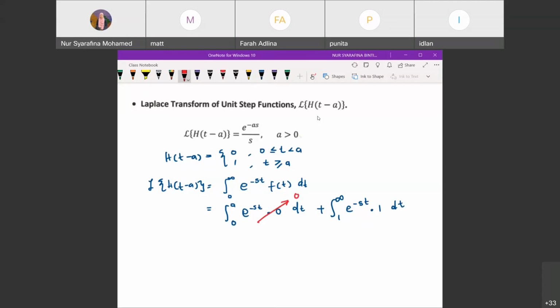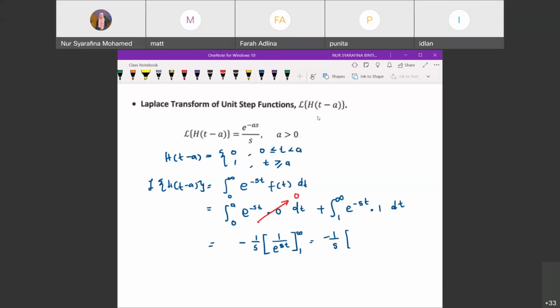Okay. So let's focus on this part, which equals what? Minus 1 over s, 1 over e to the st, integrate from a to infinity. So just substitute. So we have negative 1 over s.